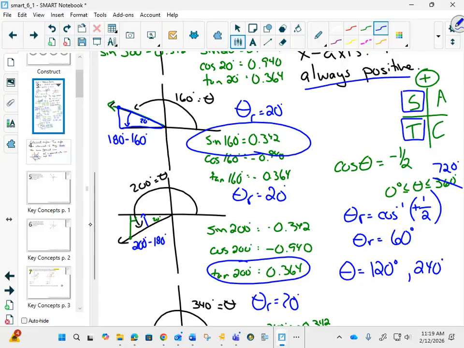And sure enough, if you check, if I take out my calculator, this is kind of cool. Maybe, if it works.